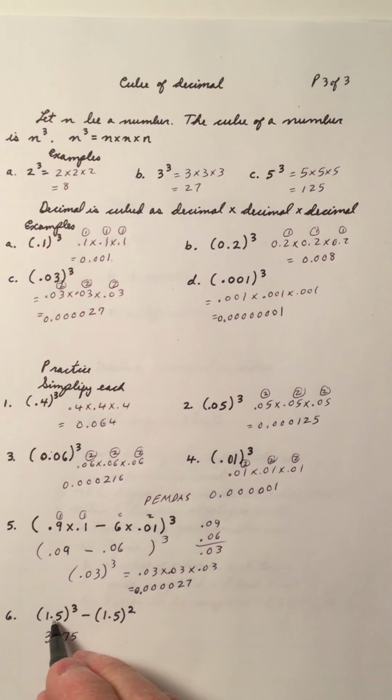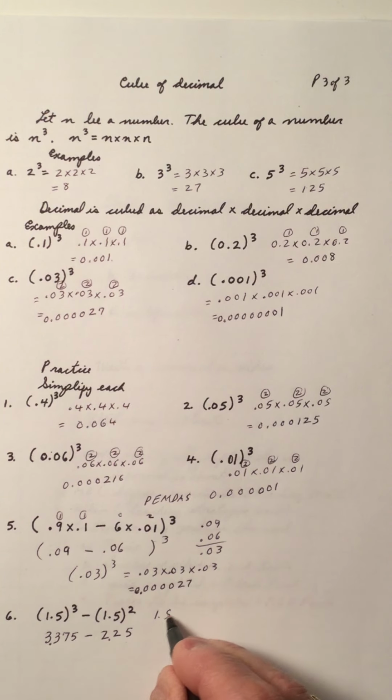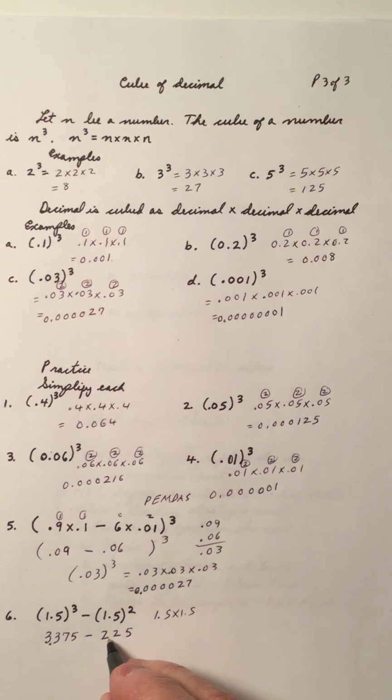But notice we have 1 decimal place tripled, so there's 3 decimal places. 1.5 squared is 1.5 times 1.5, so that's 225 when I square 15. And there's 2 decimal places, 1 for each when you multiply.